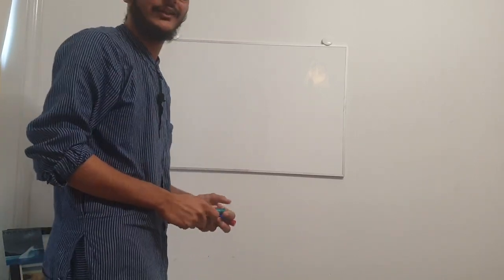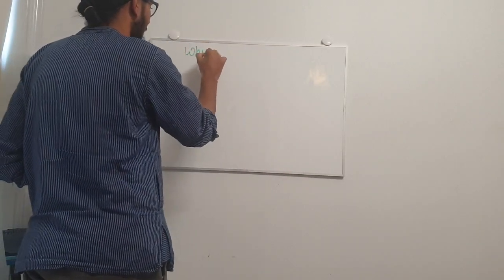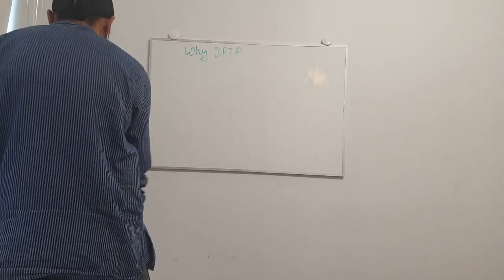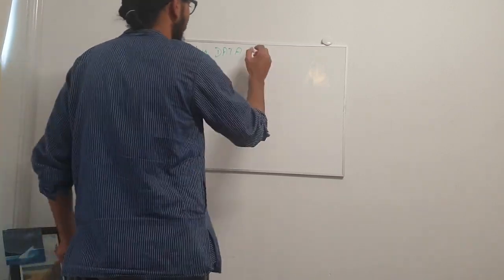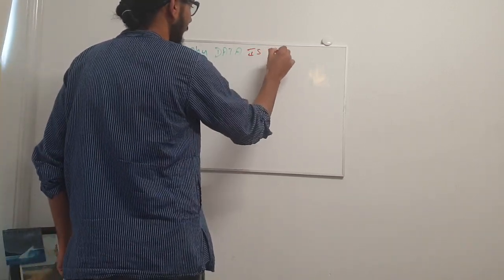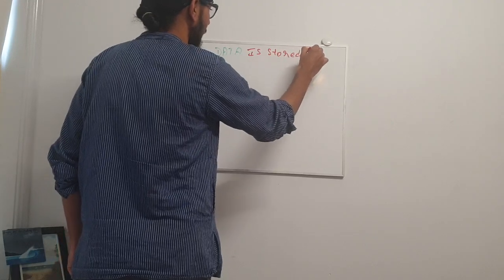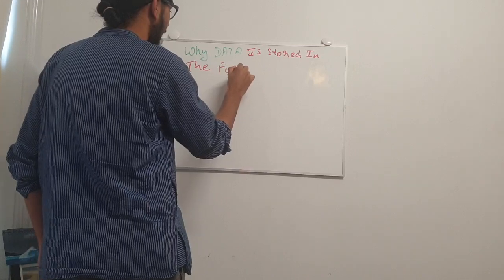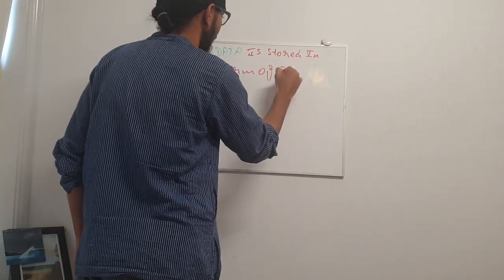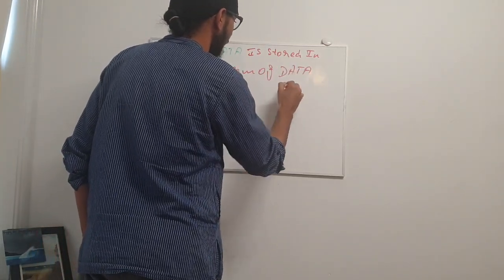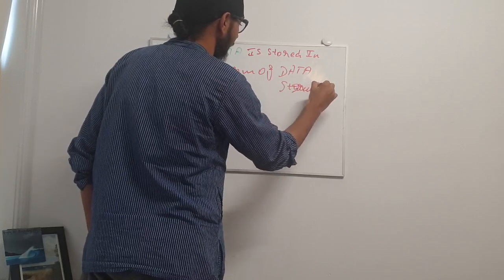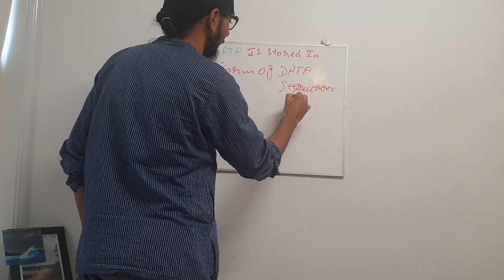Why is data stored in the form of data structures in memory?